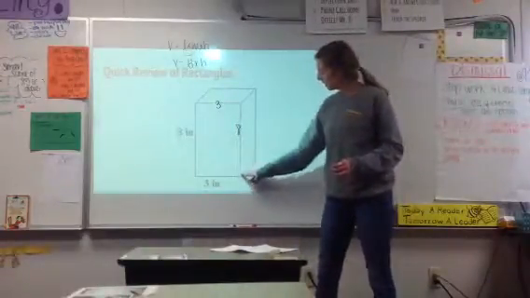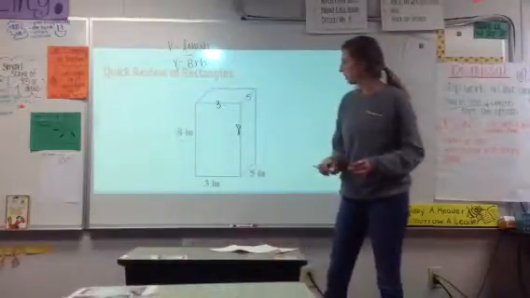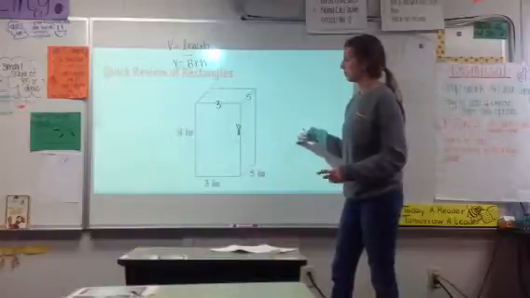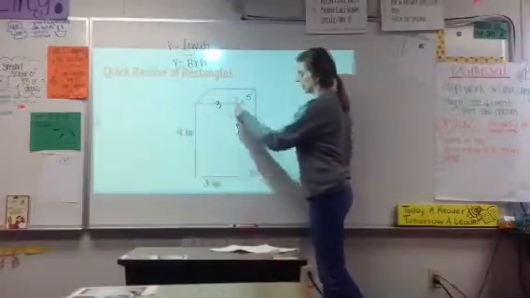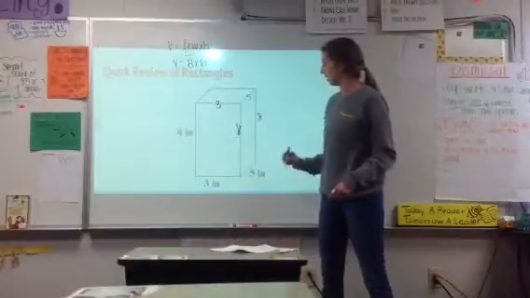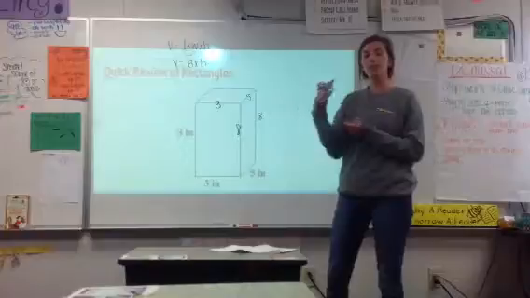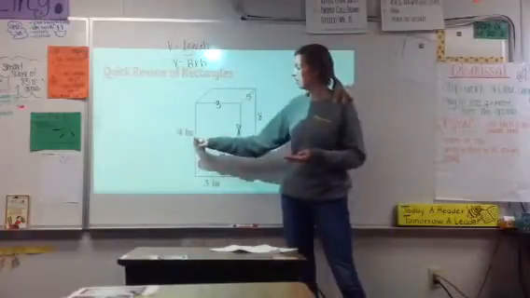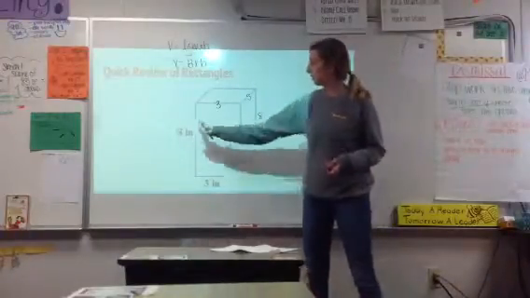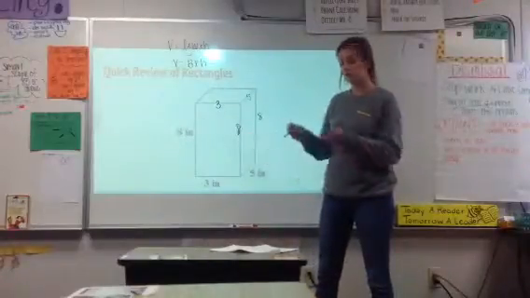And then if this side is 5, I know that the opposite of this is 5. So looking at this rectangular prism, I know that this line is 8, this line is 8, also this back one is also 8. The sides don't change in a rectangle. The opposite side is always identical to the other side. So this side of 8 inches, this side is now 8 inches.